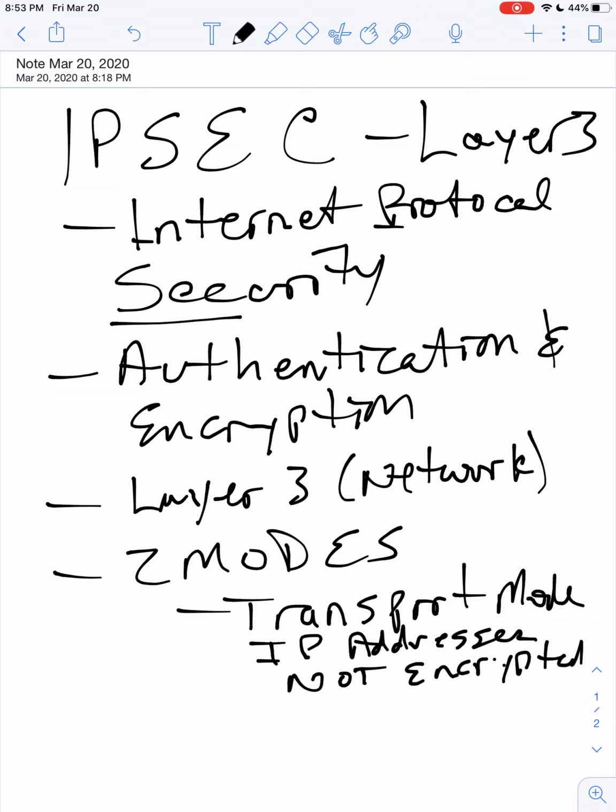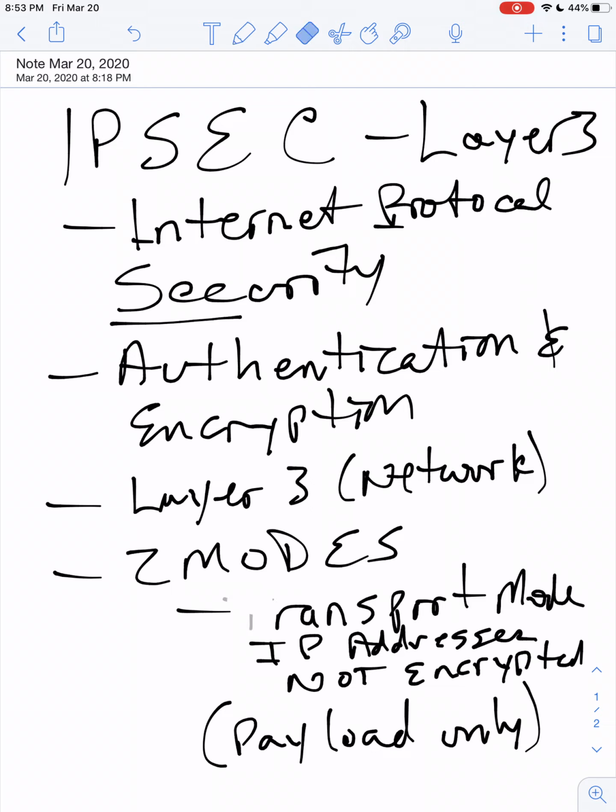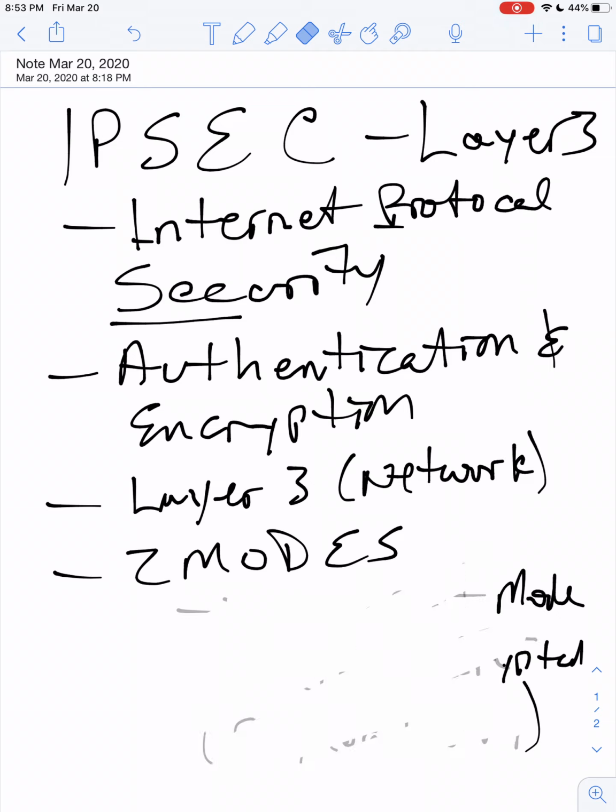So we just encrypt the payload. So payload only. The second mode is called tunnel mode. And in tunnel mode, we actually even encrypt the IP addresses.